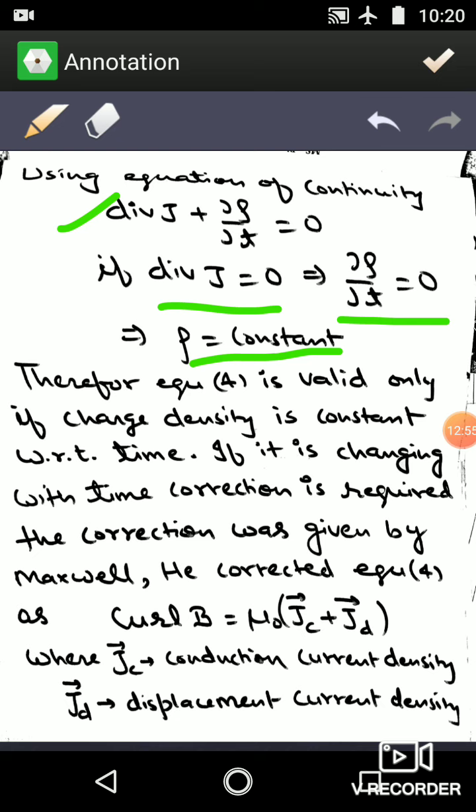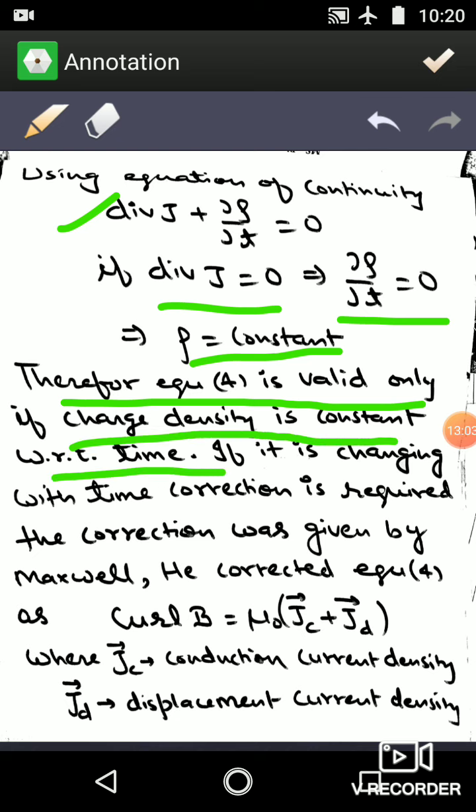Equation number 4 will be valid only if charge density is constant with respect to time. If charge density is not changing with time in space, then equation 4 is valid. If charge density is changing, then equation 4 should be corrected.